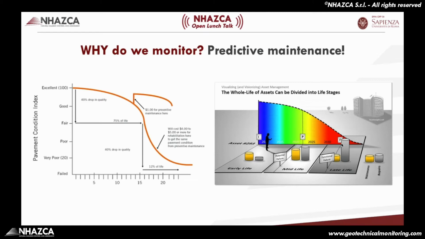If most of us are managers or experts on monitoring, I think we have to work together to increase our capability to do predictive maintenance. This is a great chance to reduce the cost, especially for developed countries where we're starting to have quite old infrastructures, and especially in a time of economic crisis, when we cannot waste money, but we have to use the money available in the right way.